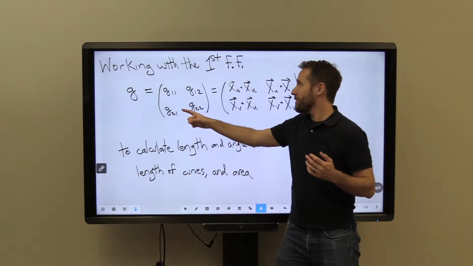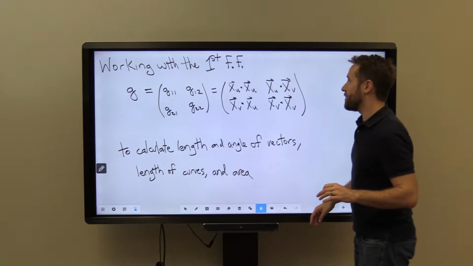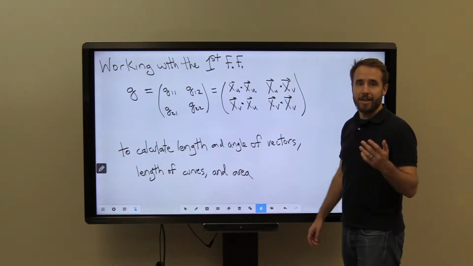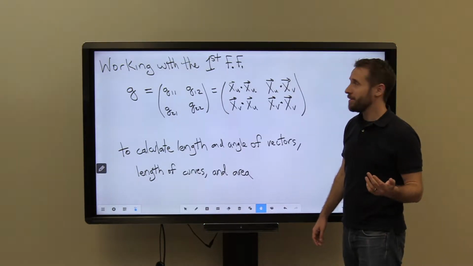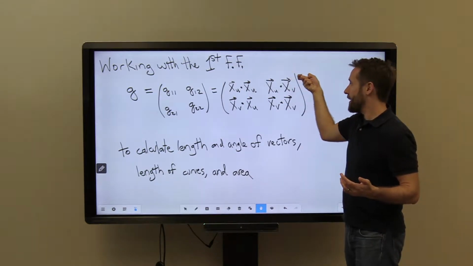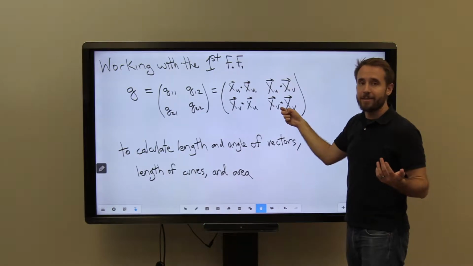It would have these values like G11, G12, G21, G22, and these were simply going to be, for our given parameterization, capital X, we would take the two partial derivatives, x sub u and x sub v, and then our entries would just be xu dot xu, xu dot xv, xv dot xu, and xv dot xv, right?